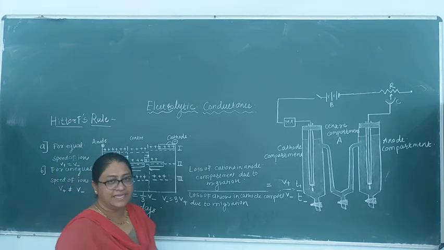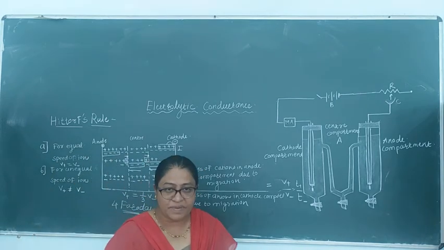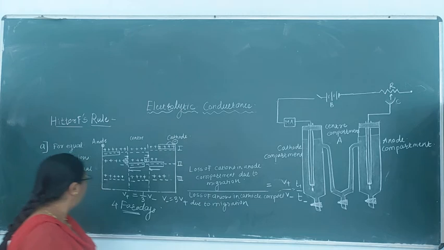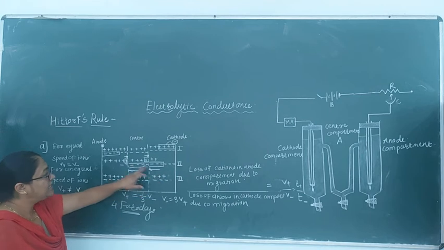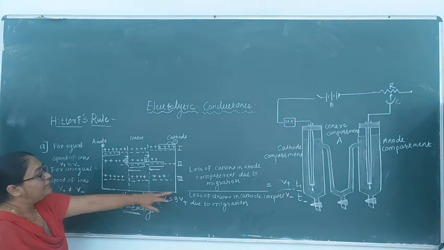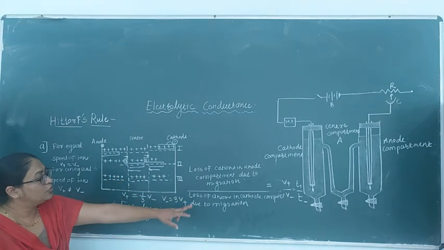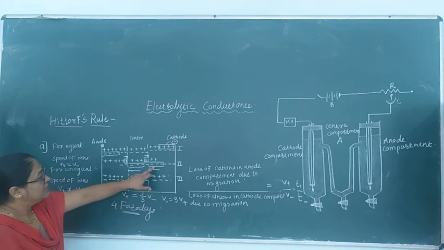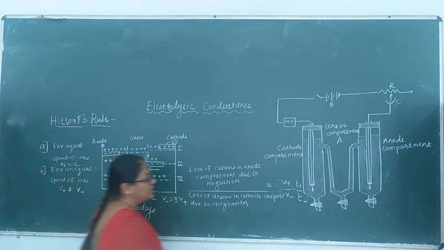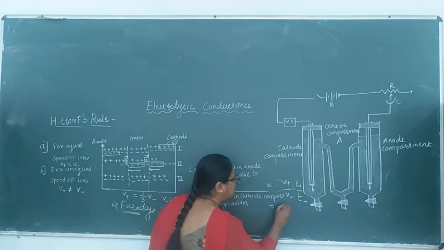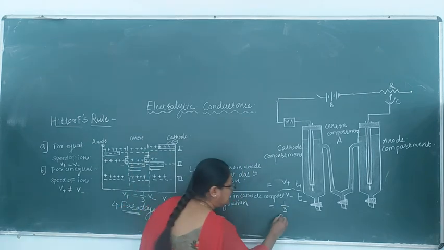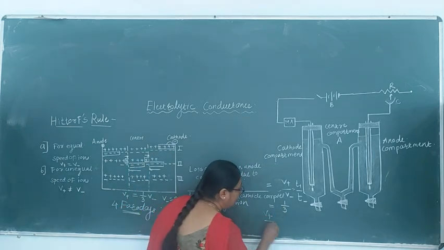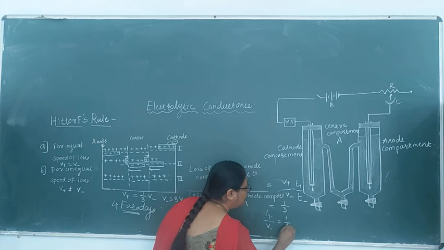Loss of the cations in anode compartment due to migration. Here, how many cations have migrated? Only 1 cation has migrated, right? Divided by the loss of anion in cathode compartment due to migration. Here 3 anions have been lost. That means this ratio for this case will be obviously 1 by 3. And that is nothing but V plus divided by V minus is equal to 1 by 3.